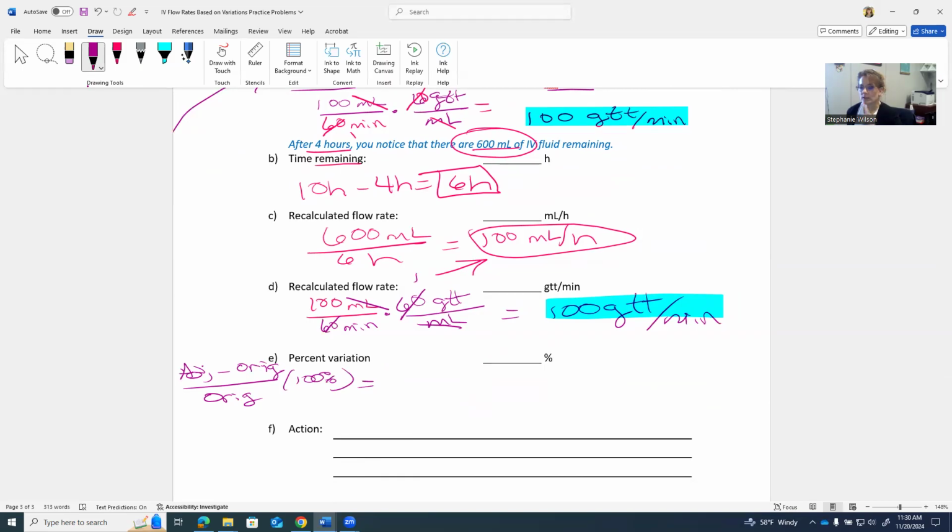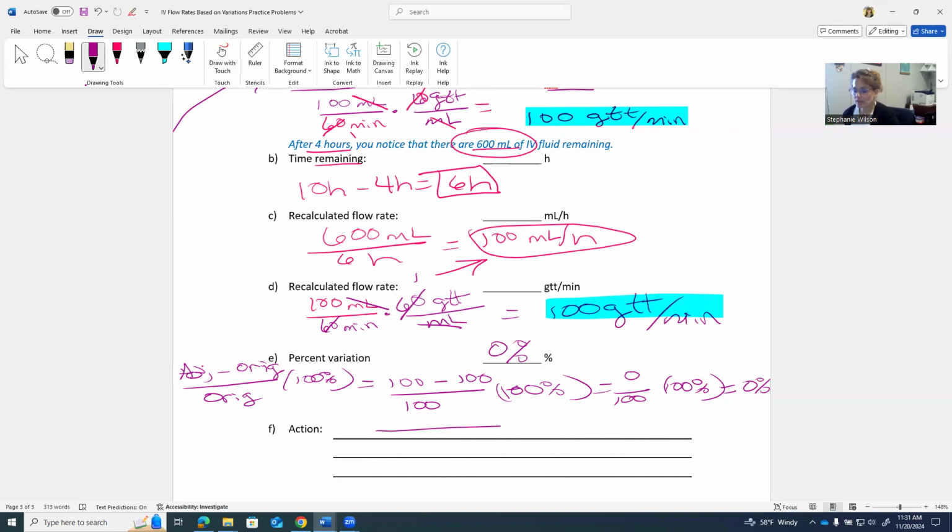So our adjusted is 100 drops per minute minus our original 100 drops per minute, all divided by our original. 100 minus 100 gives me 0 on top, divided by 100, then multiplied by 100. This is just 0. My answer is 0%. So this is perfect. My action can be that we're not going to change anything. It's just the way we need it to be. So 0% is my variation. I'm getting tongue-tied. So my action here.